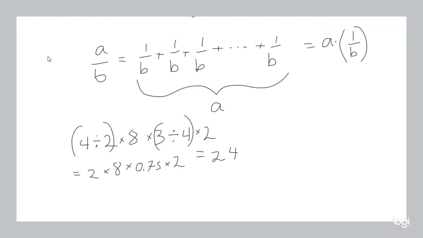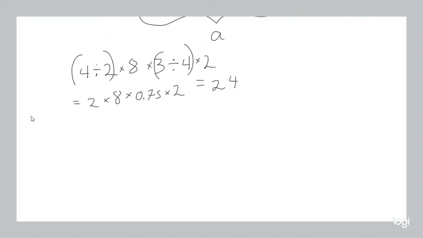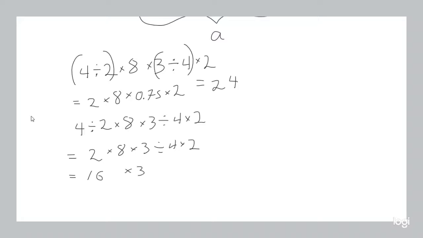Okay? But let's do everything in order. If we can do multiplication and division in any order, let's do that. Okay? So, 4 divided by 2 times 8 times 3 divided by 4 times 2 equals, well, 4 divided by 2 is 2 times 8 times 3 divided by 4 times 2. Next we have 2 times 8, which is 16 times 3 divided by 4 times 2.